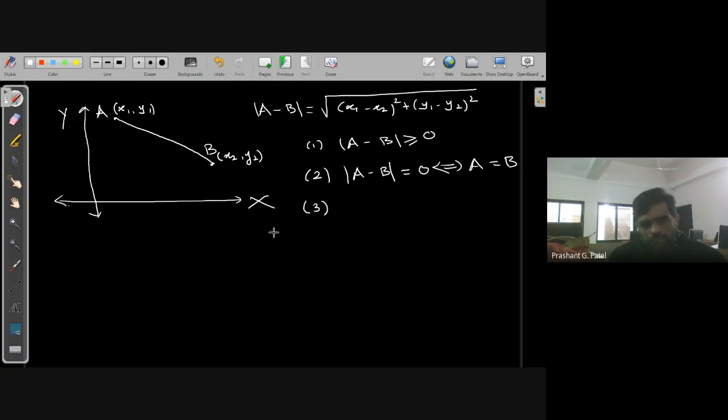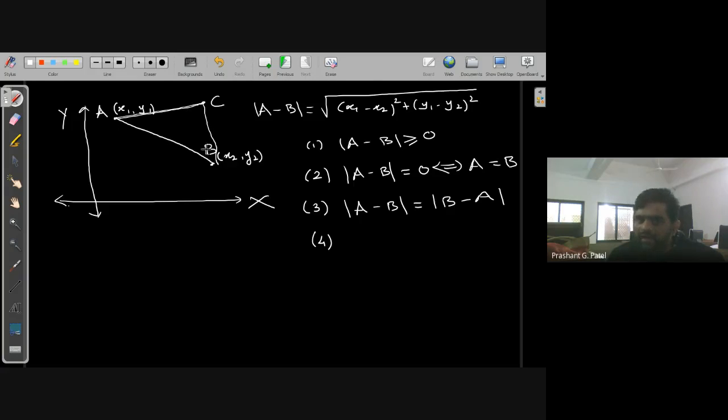The third: the distance from A to B will always be the same as the distance from B to A. And the fourth: if I have another point, let's say C, then in the triangle also we have the same concept, that one side is always smaller than the sum of the other two sides.